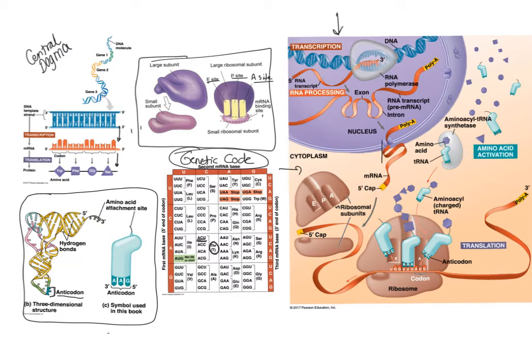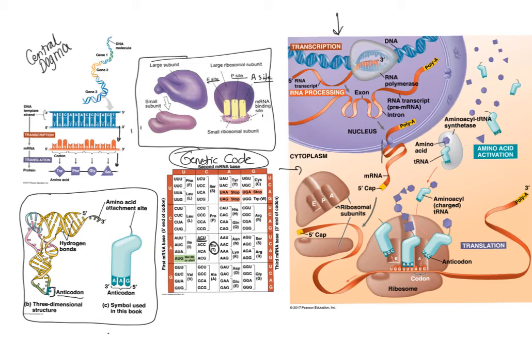So how does it actually work? Well, as the ribosome is attached to the mRNA and is moving down the mRNA, these tRNA molecules begin to interact with those A, P, and E sites. So first with the A site, so this actually goes from right to left.